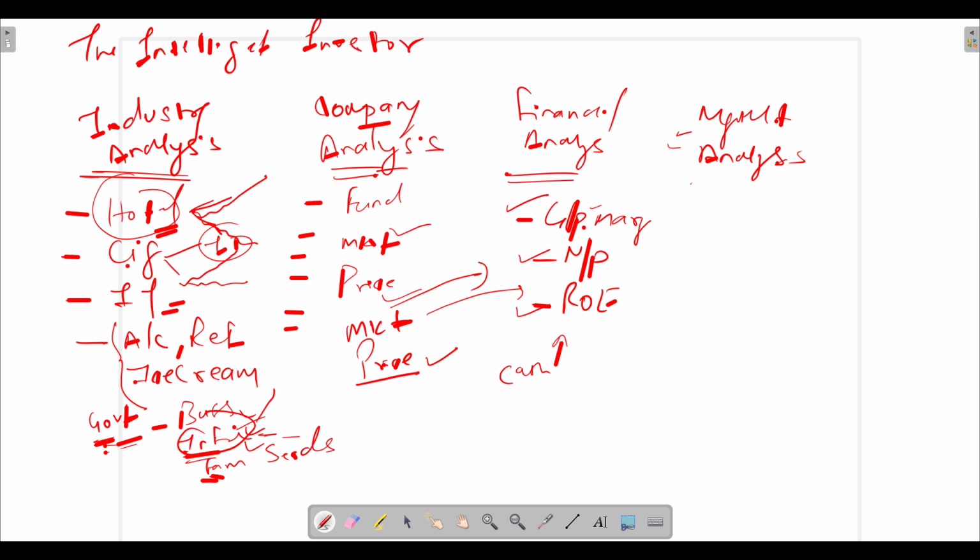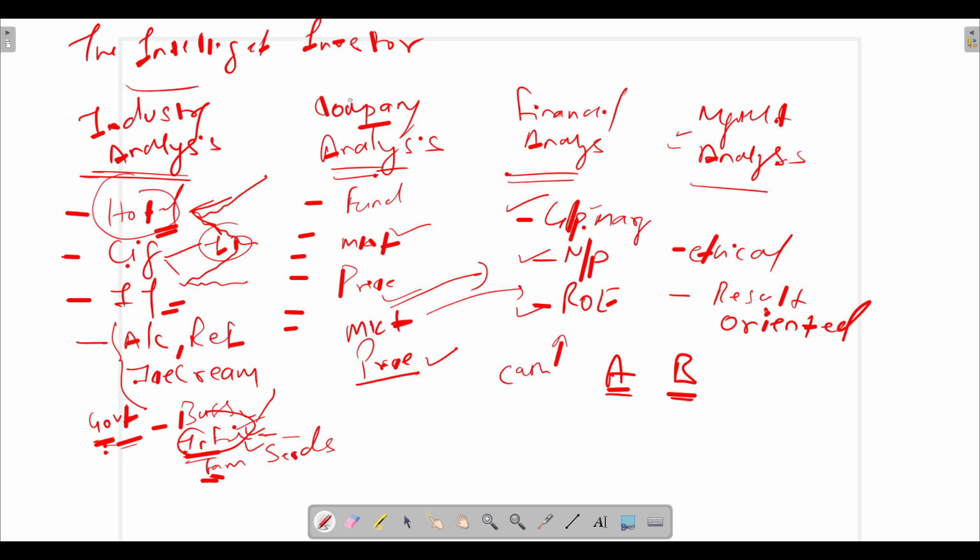Under the management analysis, we check whether the management is ethical, and whether the management is result oriented. Okay, so let's say company A and company B are both equally equipped and equally sound in all these aspects, industry analysis, company analysis, financial analysis, both are good.